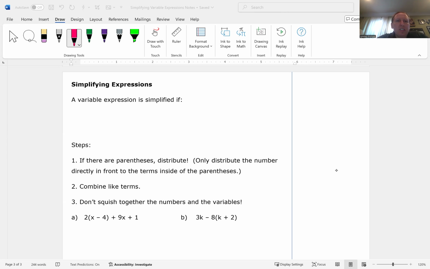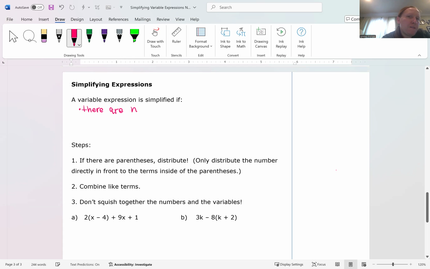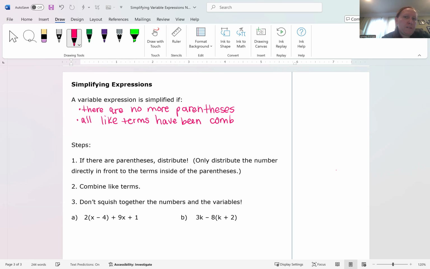Okay, so simplifying expressions: a variable expression is simplified if there are no more parentheses and all like terms have been combined. So no more parentheses, all like terms have been combined. That's when it will be a simplified expression.